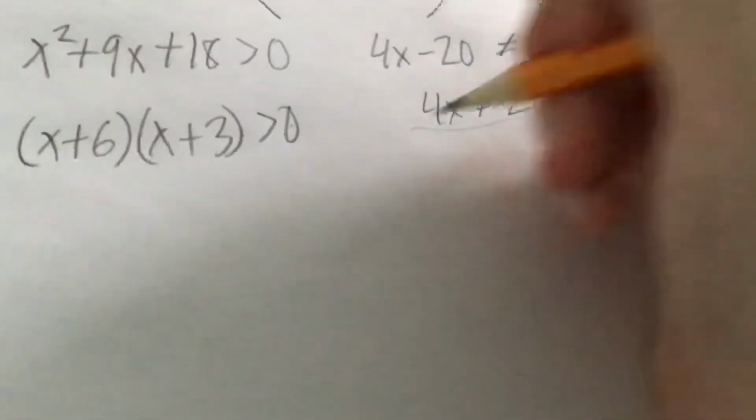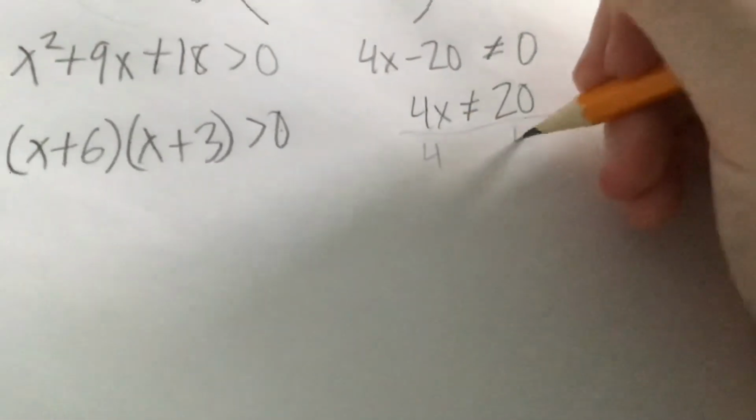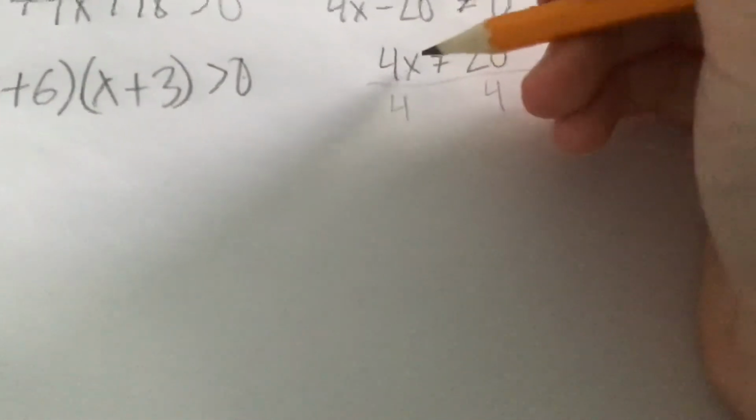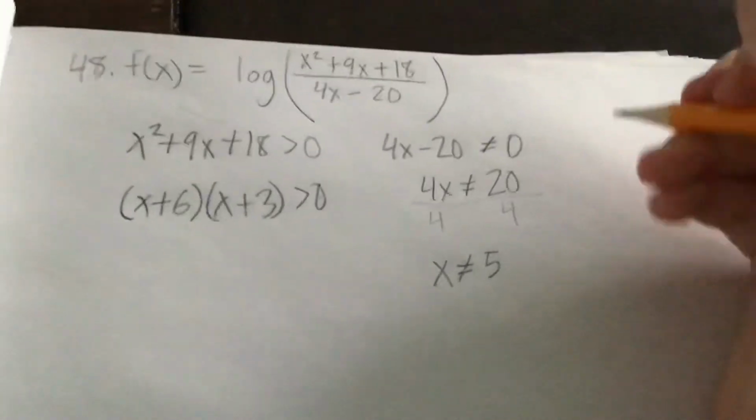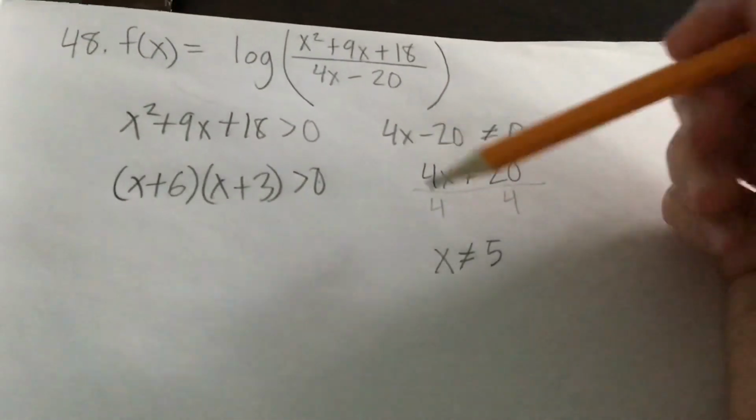Then we divide the whole thing by 4, because we want x by itself. So then we get x is not equal to 5, okay? All right, got that? So that means our interval happens, imagine a drum roll, here we go.